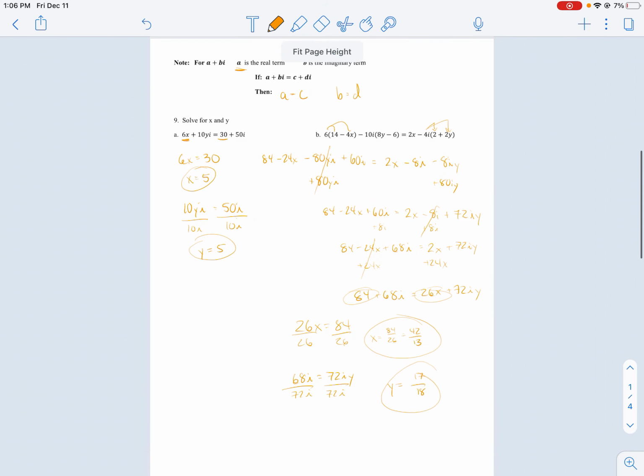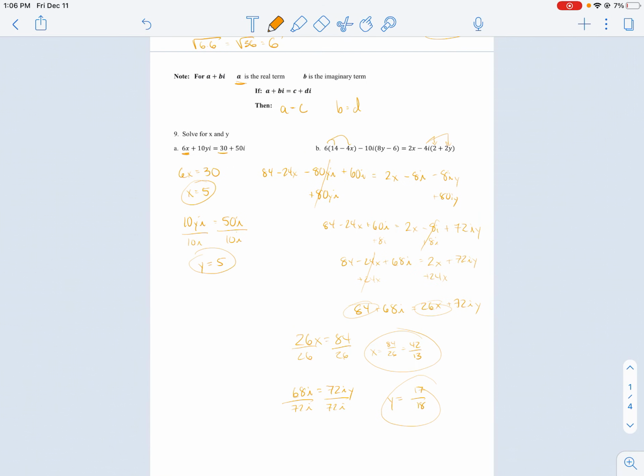So again, the process for these is simply setting it up like we have in A here, where we have all of our variables on one side. As you can see, we've got x and y on one side here. And that's what I did here: I had x and y on the right, and then just my complex number on the left.